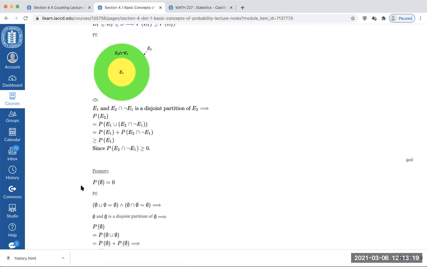Next, I want to show that the probability of the empty set is 0. Well, I'm going to show that the empty set, along with the empty set, give me a disjoint partition of the empty set. Well, the empty set union the empty set is the empty set, and the empty set intersect the empty set is the empty set.